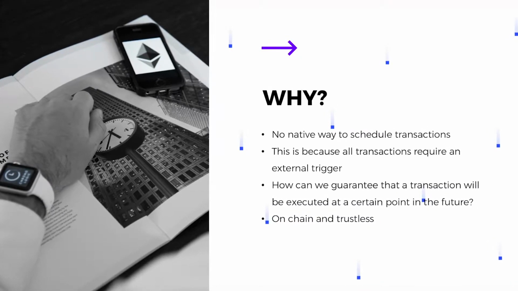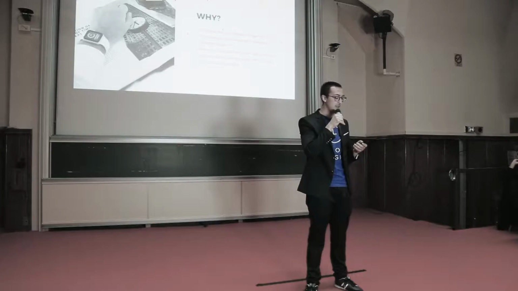So what we want to do is be able to set the parameters ahead of time, say when we want this transaction to happen, and then have guarantees that that transaction will go through. There's various solutions for this that involve just server-side cron jobs. The big value add of the Ethereum alarm clock is that it's on-chain and trustless and uses incentives to guarantee executions.